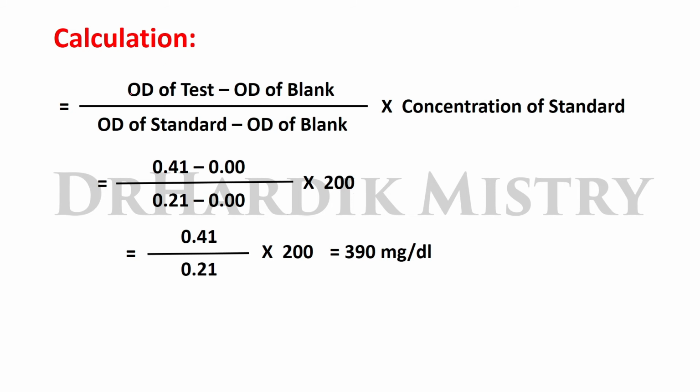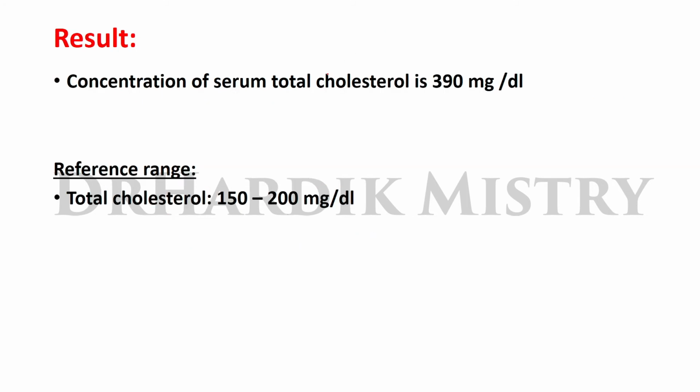Calculation part: OD of test minus OD of blank divided by OD of standard minus OD of blank multiplied by concentration of standard is equal to 0.41 minus 0.00 divided by 0.21 minus 0.00 multiplied by concentration of standard, that is 200, is equal to 0.41 divided by 0.21 multiplied by 200, is equal to 390 mg per dl. So the result is concentration of serum total cholesterol is 390 mg per dl.